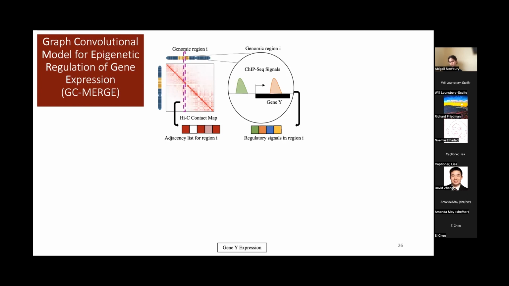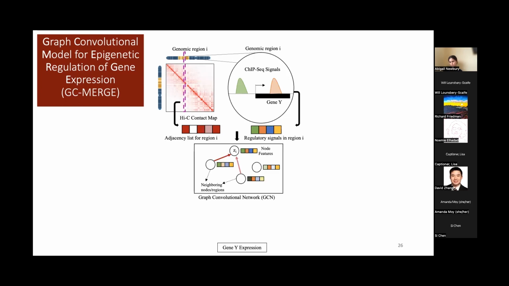So we have the node features, we have the information of the neighbors. This fits very elegantly into the graph convolution neural network framework. And so we run this, we get the representation of that node, we feed it through some fully connected layers, and then we get the final prediction.